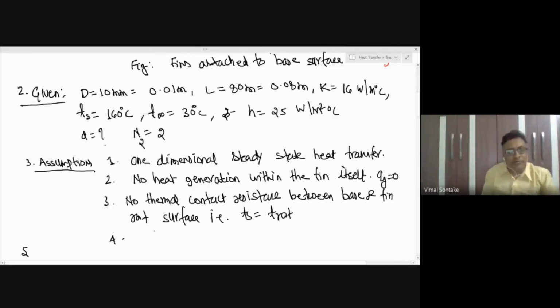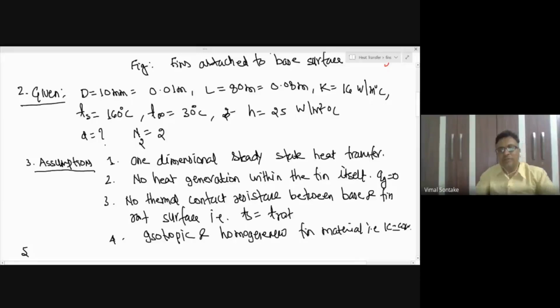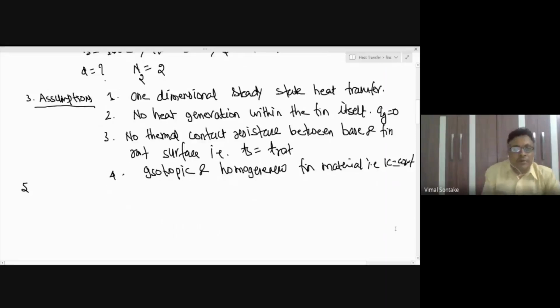Assumption number 4, isotropic and homogeneous fin material. I am writing each and every assumption again and again for you. That is k is equal to constant. Assumption number 5, uniform properties of fluid.